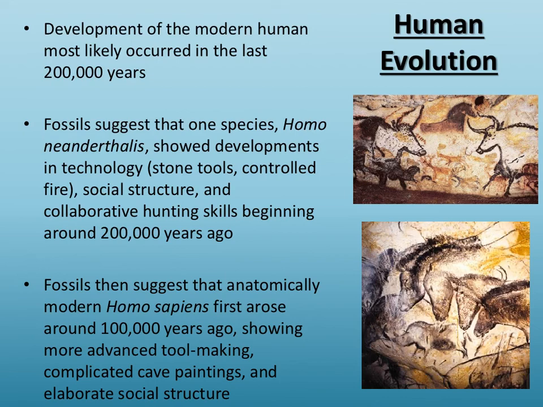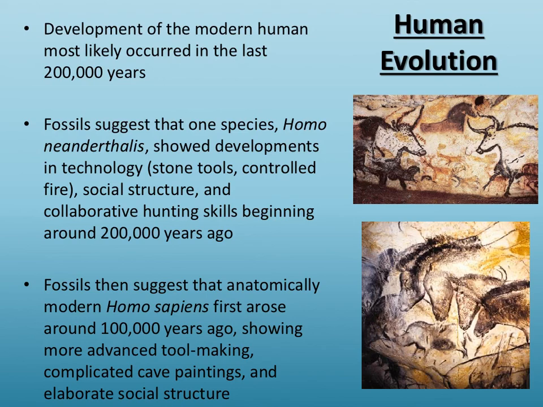But fossils suggest that Homo neanderthalis, that we mentioned on the last slide, began to show technological advancement. So, making tools, being able to control fire, evidence of social structure, evidence of working together for hunting, gathering, and those sort of things that, again, we see kind of in the archaeological record.